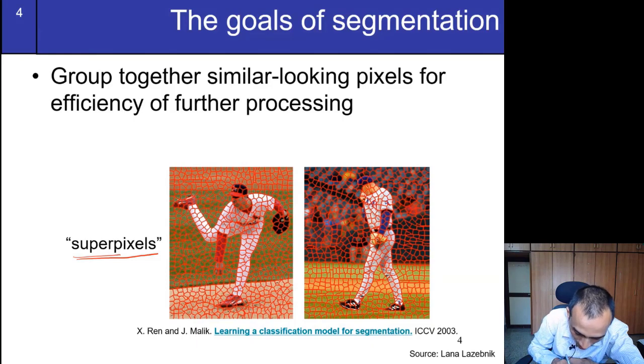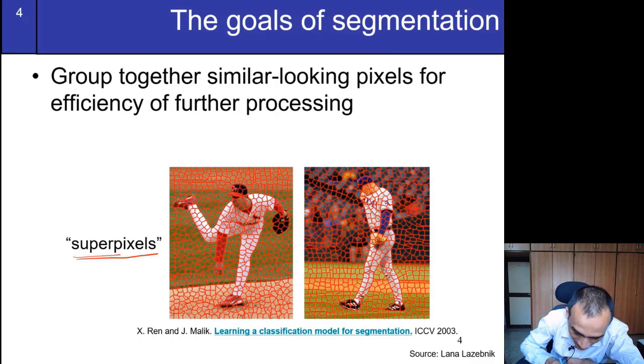You do a kind of mid-level output where you group locally close pixels into one region based on, again, some coherency, some similarity in their intensity value or whatever, and you call them superpixels.